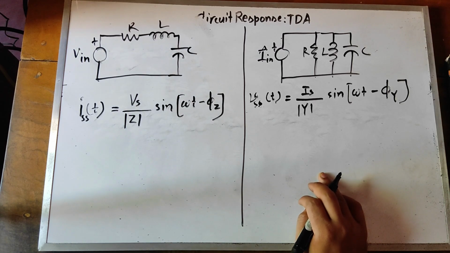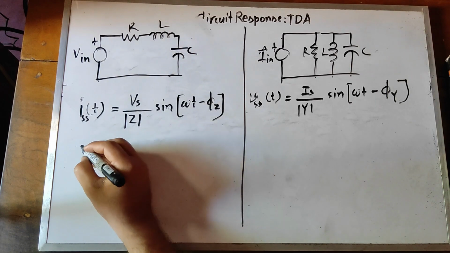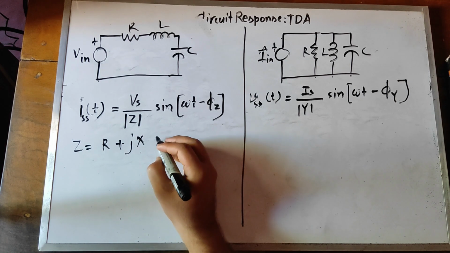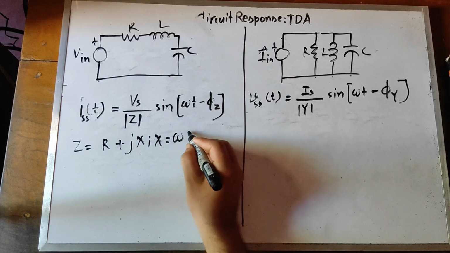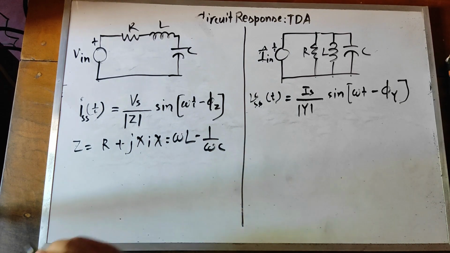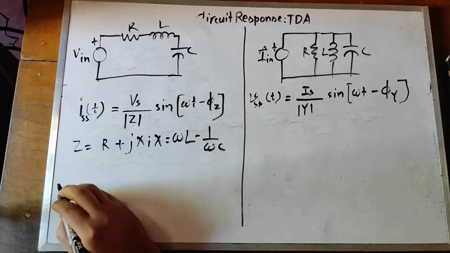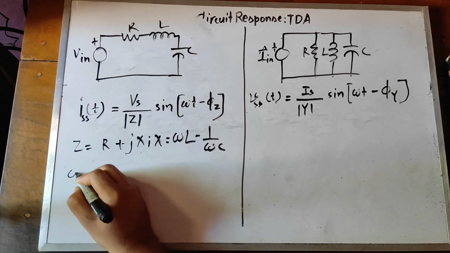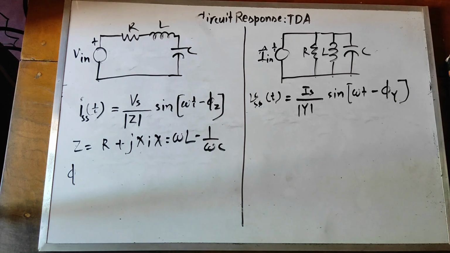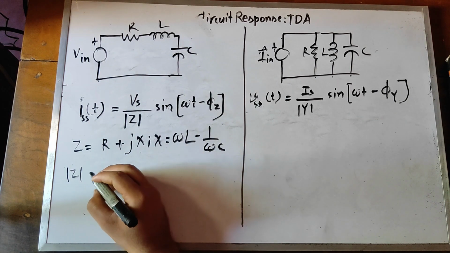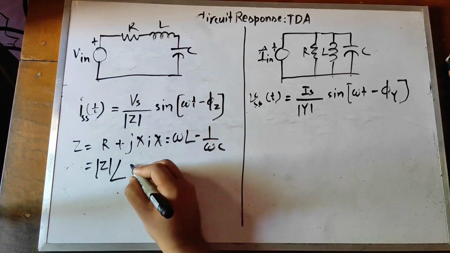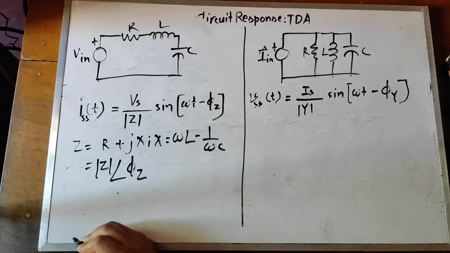So this is straightforward, and Z is R plus jX, where X is omega L minus 1 by omega C. So Z can be written in phasor form like this.